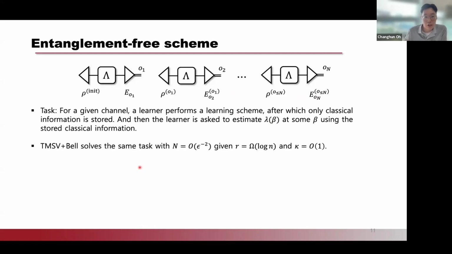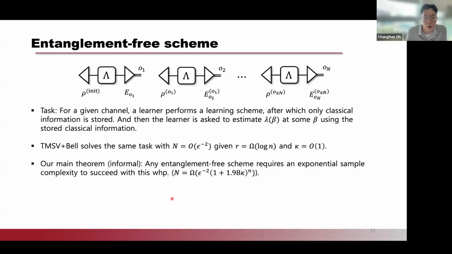And as we already showed, the entanglement-assisted case, using two-mode squeezed vacuum states and Bell measurement, solves this task with a sample complexity that is independent of the system size, which is the number of modes. Our main theorem is informally stated in the following way.